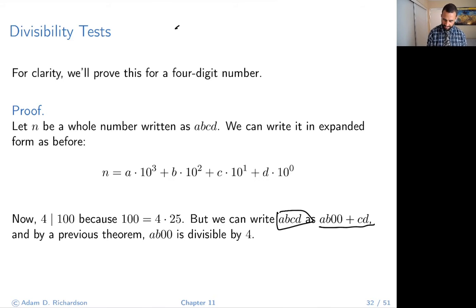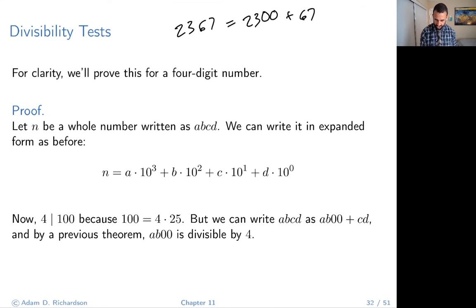For example, 2,367 can be written as 2,300 plus 67. The AB would be the 2, 3, the 0, 0 would be the 0, 0, and then you've got the remnant, CD.